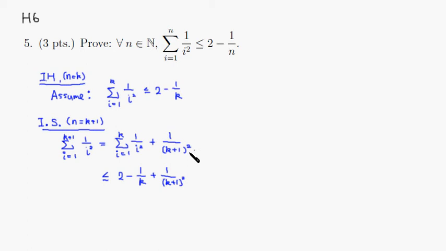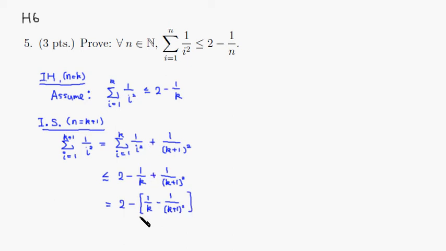Then we try to simplify a little bit. So it's 2 minus, and I'm going to put those two fractions in a bracket. So it's 1 over k, and since the negative sign is here, I have to change the sign, so it's going to be negative 1 over quantity k plus 1 squared.